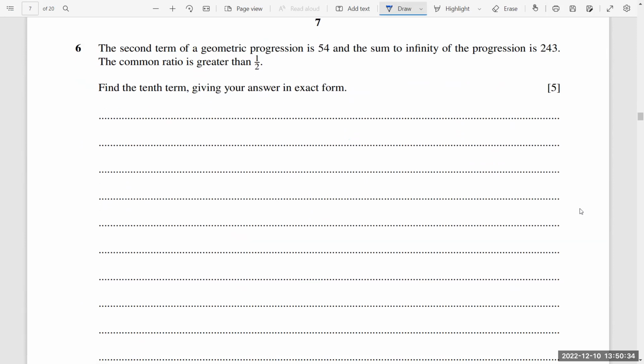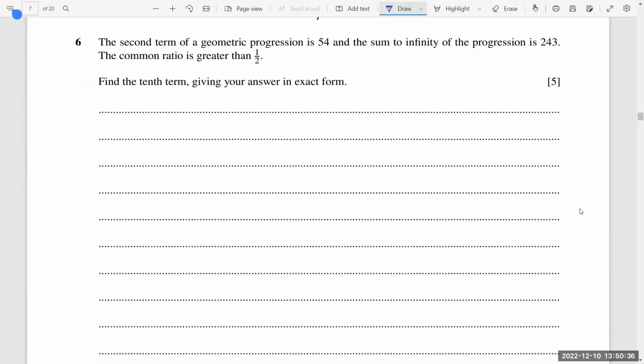Question number 6 here. Second term of a geometric progression is 54, and sum to infinity of the progression is 243. The common ratio is greater than half. You know that a geometric progression is in the form of first term a, second term ar, and after that ar squared and ar cubed, and so on until the nth term ar to the n minus 1.